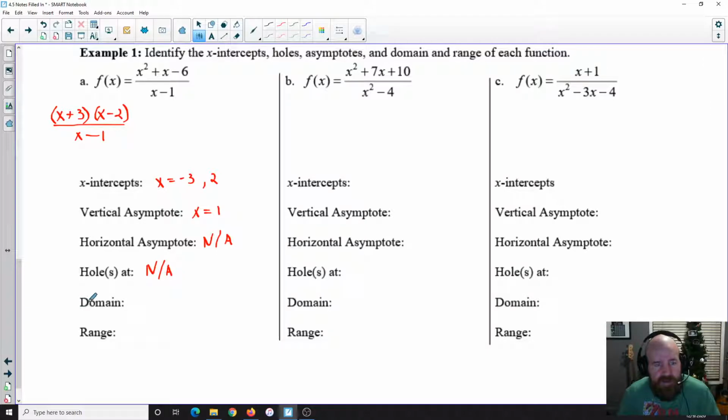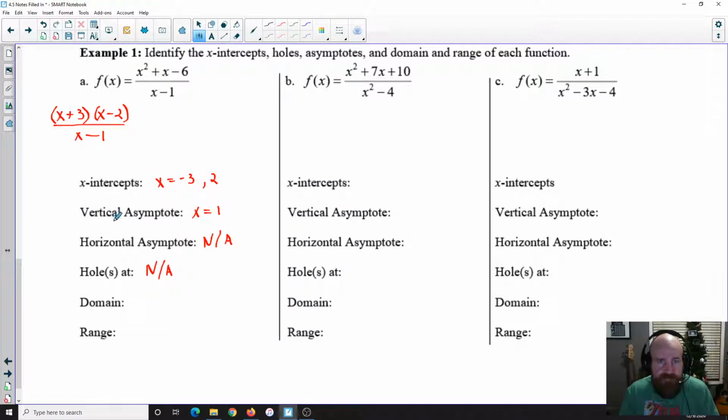The domain, this is something else we have to just think through, or just remember. The domain deals with any x values. So we have x values here at the vertical asymptote. We know that the function would be undefined if x were 1. So the vertical asymptote is 1 that we look at for domain.